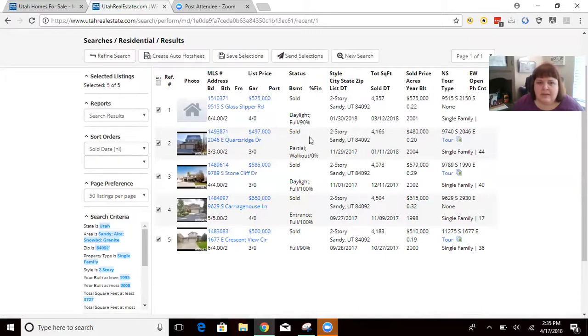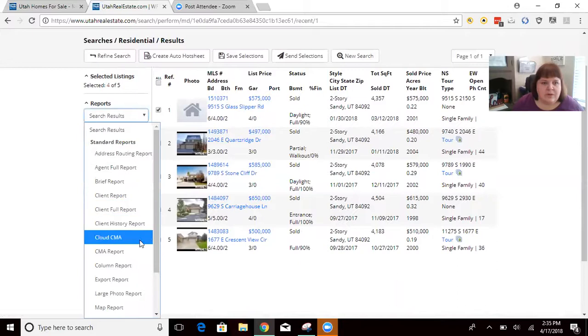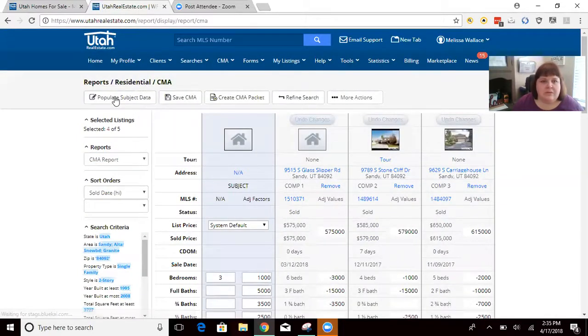And I'm actually going to take this one out because it does not have a finished basement. So all of these are 90% or more finished. So I have 4 properties, and I'm going to pull up my results.